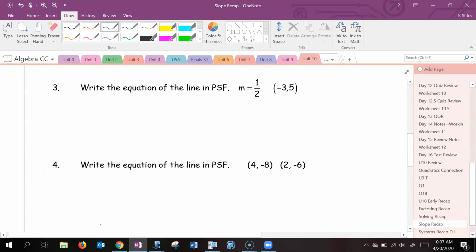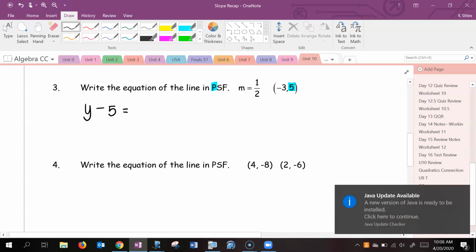All right, so these next 2 problems we're going to talk about PSF, which stood for point slope form. So point slope form, P really stands for point, but the way you can think of it is P for parentheses. Point slope form always has parentheses. So the way this worked was it was y, and then we did the opposite of our y coordinate. So like my y coordinate is 5, so I'm going to put a -5.